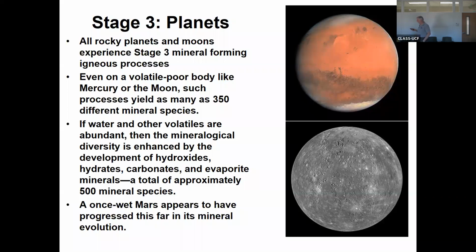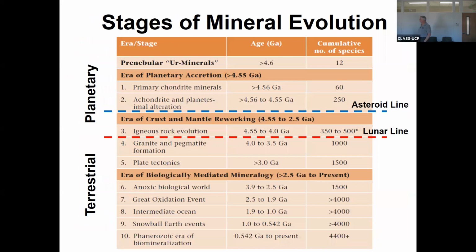So Mars probably has at least progressed that far in mineral evolution. Mercury is probably about at the 350 stage. So that brings us to the bottom of stage 3, igneous rock evolution. And those are the planetary results for mineral evolution.